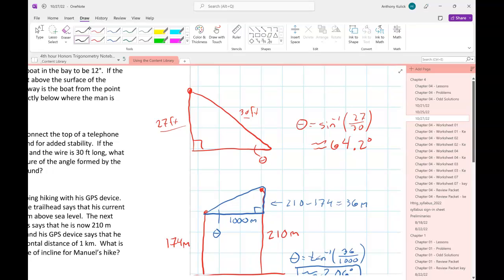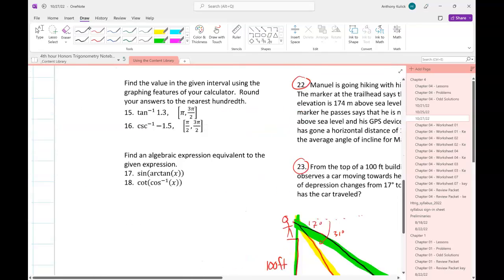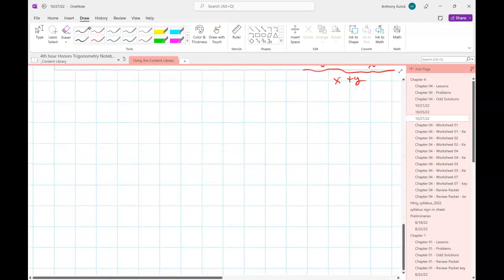Okay. Well, if nobody's got anything else, let's move on to the next section. This is the last section in chapter 3.